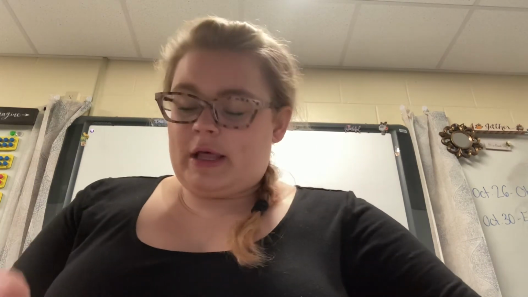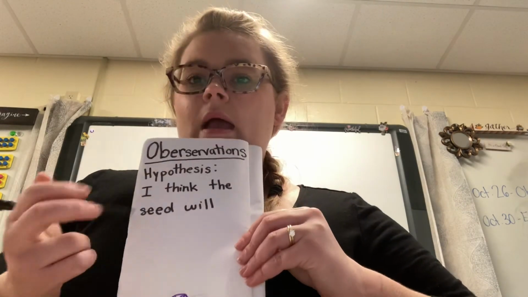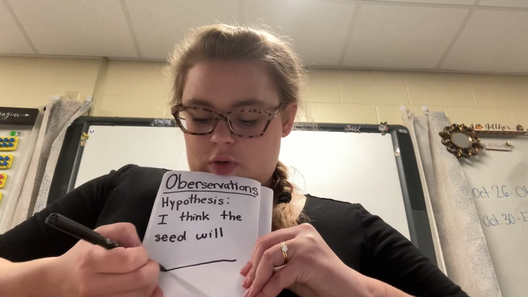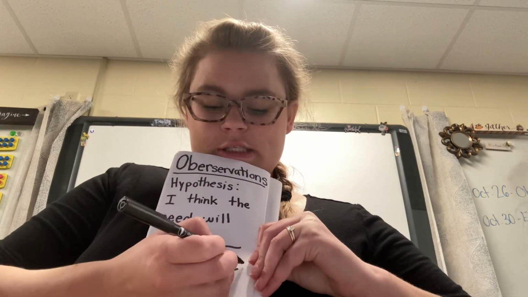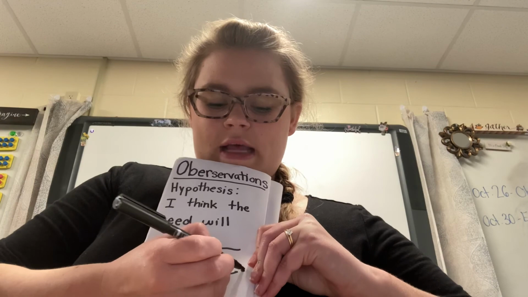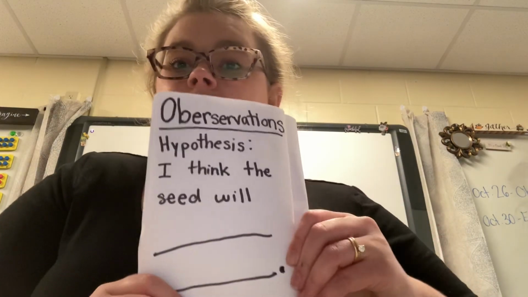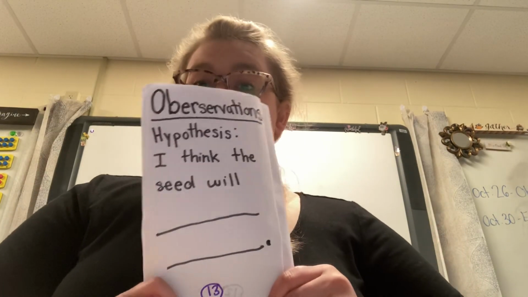So my hypothesis, I think the seed will, and then you're going to write what you think it will do. If you want to use a different sentence starter, you can. It's up to you because it is your book. You are the author of this book.